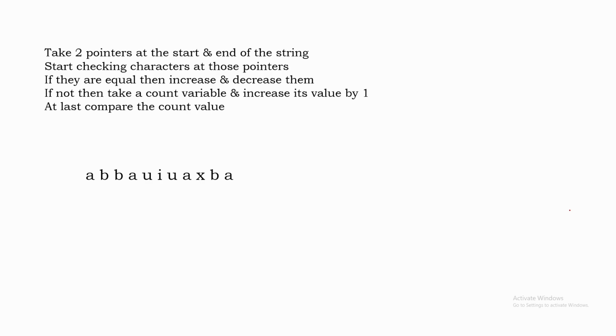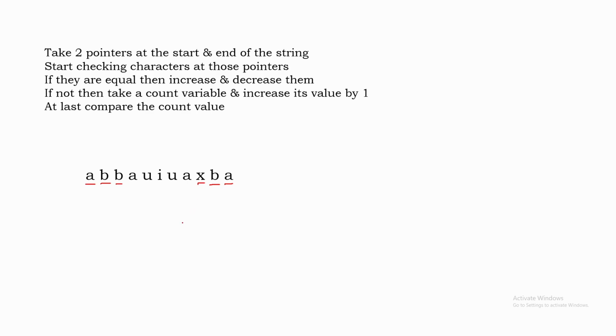Now let's try to simulate it on some examples. This is our first example. So our start pointer will be here at A and the end pointer will be here. As we can see, both of them match. Now if we increment start, it comes here, and decrement end, it comes here. They are also equal. In the next step, B and X, they are not equal, so we increment our count variable by 1.